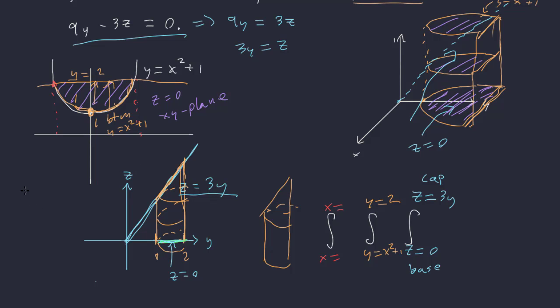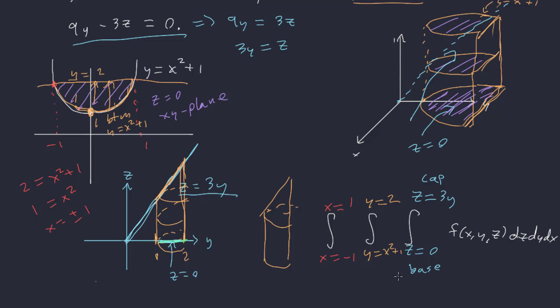Okay, so 2 is equal to x squared plus 1. Well, we move the 1 over, and that tells us that x is equal to plus or minus 1. So the limits in the x variable are -1 to 1. Okay. And so we'll have dz, dy, dx.